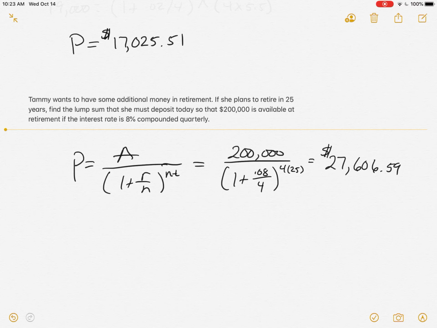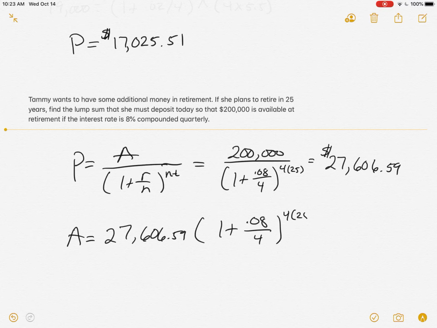Let's check that. Let's check it by saying, what's the accumulated amount if we take the present amount, $27,606.59, times 1 plus the interest rate of 8%, compounded quarterly, for 25 years. So if we check our answer, you have extra time on your test. 27,606.59 was our answer. Here is the check.